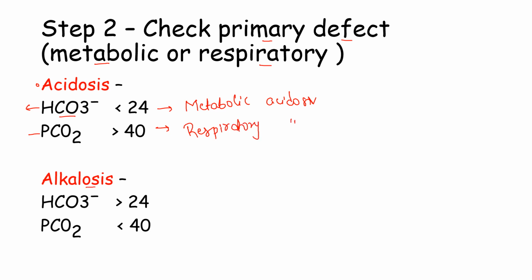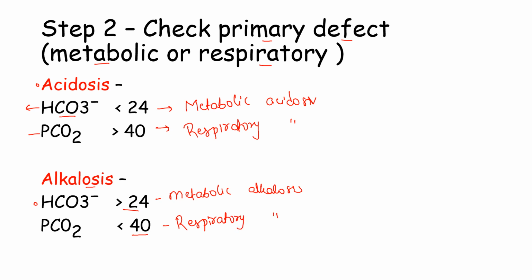Similarly, if I talk about alkalosis, the bicarbonate increases, that is greater than 24, in the metabolic alkalosis, and the PCO2 decreases, less than 40, in case of respiratory alkalosis.